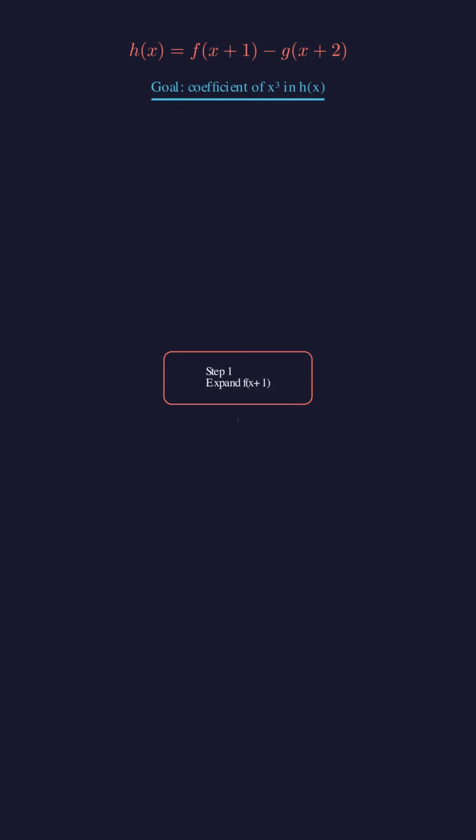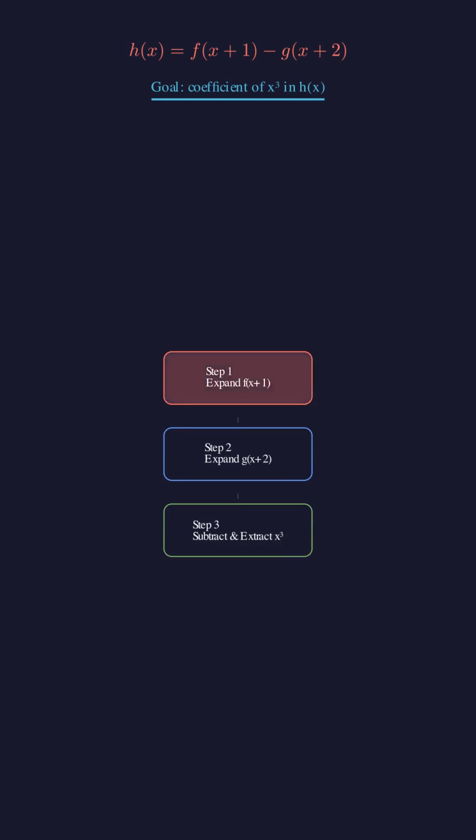Let me show you. Okay, let us understand what we need. H of x equals f of x plus 1 minus g of x plus 2. We need the coefficient of x cubed in h of x. So our plan is simple. Step 1, expand f of x plus 1, collect the x cubed terms.